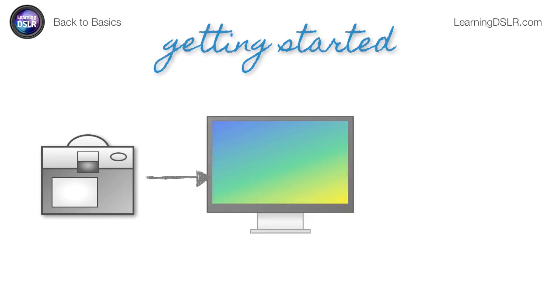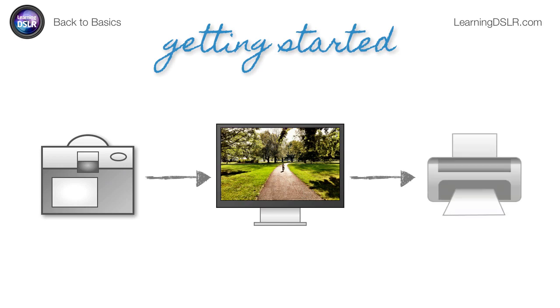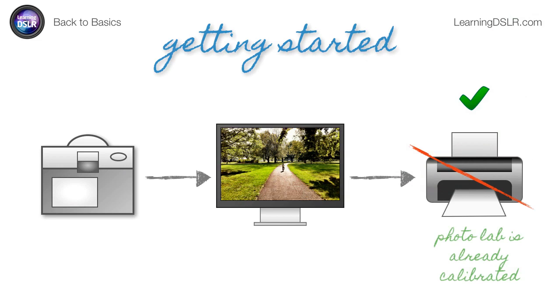So how do you get started, and how much investment do you need to make sure that you get a good, clean, accurate picture? The key here is that if you're not doing your own photo printing, the whole printing equation somewhat comes out of the equation. If I'm going to be sending this to a professional lab, even if I'm just sending it to a Costco or Walmart, which is not ideal, their expensive machines are themselves already calibrated and are going to be following ICC standards.